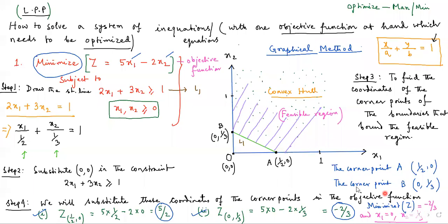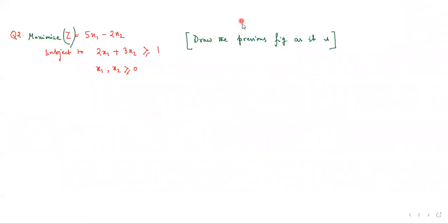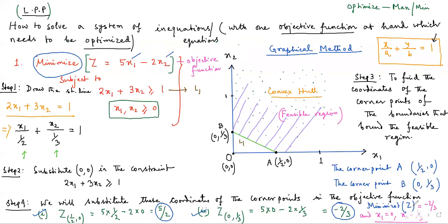So the analysis is that as much as you increase the values of x1 and x2, your objective function will keep on increasing. And therefore, from the same analysis, we can write the following. Which one keeps on increasing?